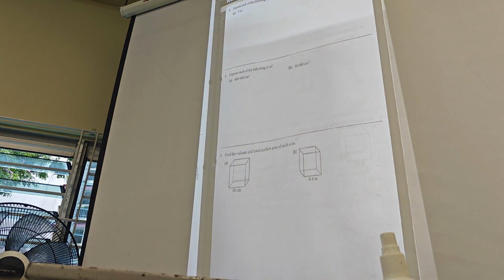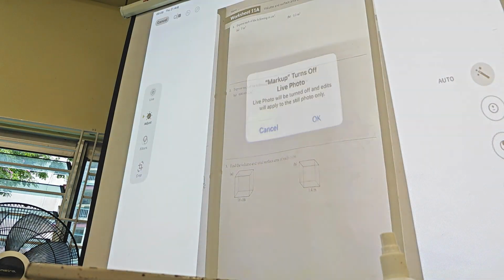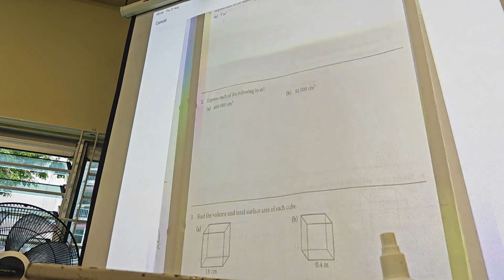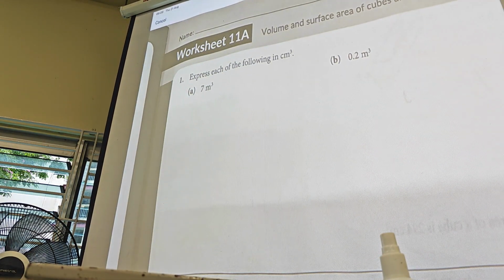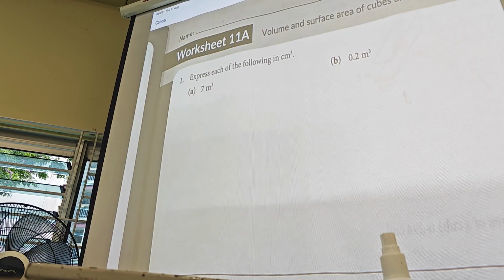They want you to convert area from meter square to cm square. Then now they want you to convert meter cube to centimeter cube.